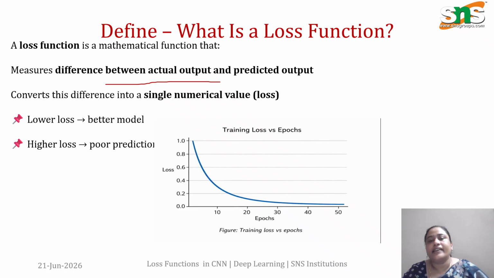That is the error in terms of model prediction. The loss function tells us that a lower loss means a better model, and a higher loss means a poorly predicting model. So this is about the loss function.